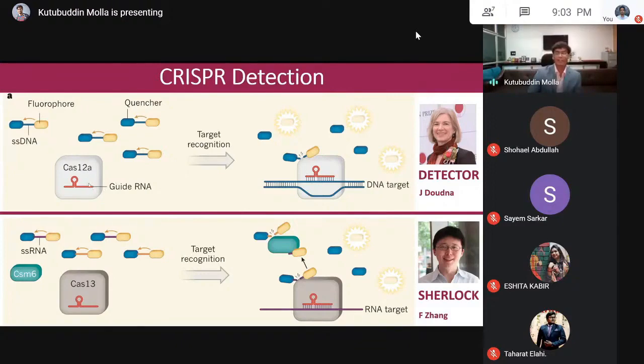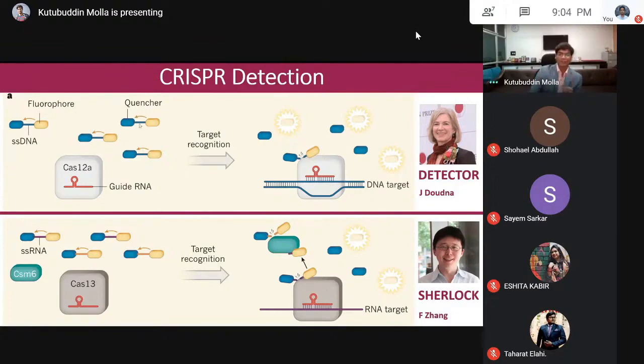Okay, but it has a collateral activity. Collateral activity means it will bind to the target and make a cut, but when it finds the target and binds successfully, it makes the Cas12a also cut other adjacent DNA if they are present. So if there is another DNA present in the media, it will also make a cut.